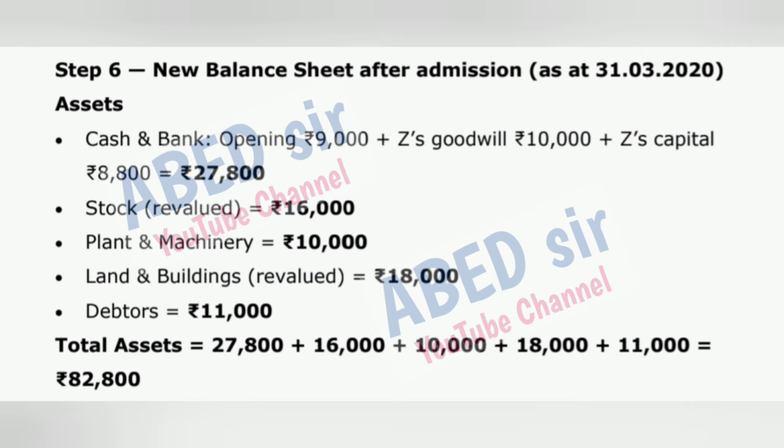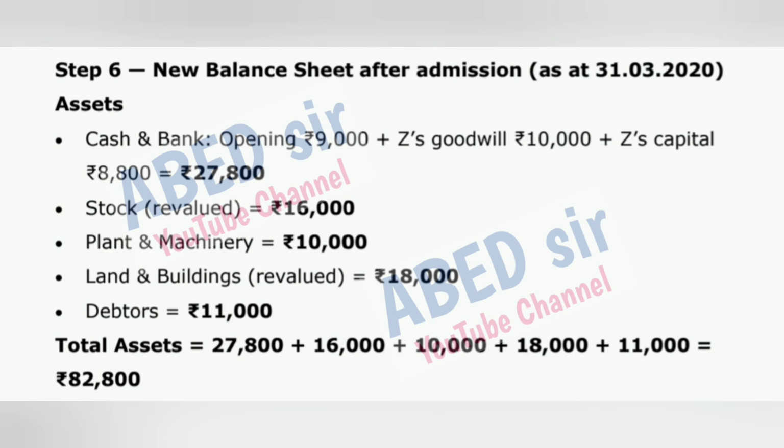Step 6. New balance sheet after admission, as at 31st March 2020. Assets. Cash and bank, opening 9,000 rupees plus Z's goodwill 10,000 rupees plus Z's capital 8,800 rupees is equal to 27,800 rupees. Stock, revalued, is equal to 16,000 rupees.